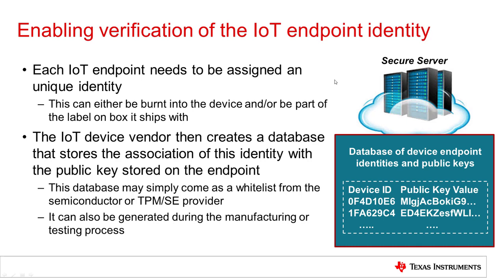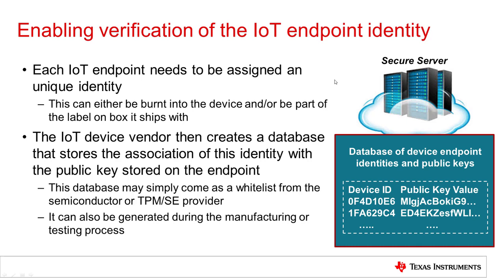This database can come from a couple of sources. Semiconductor vendors who provide secure wireless MCUs or secure elements may provide a whitelist that contains the public keys and associated identities. This may come with certain volume requirements, such as a minimum of 2,000 devices.